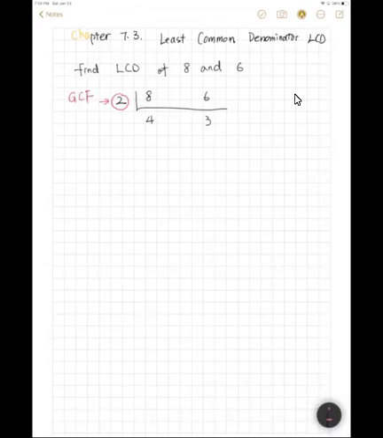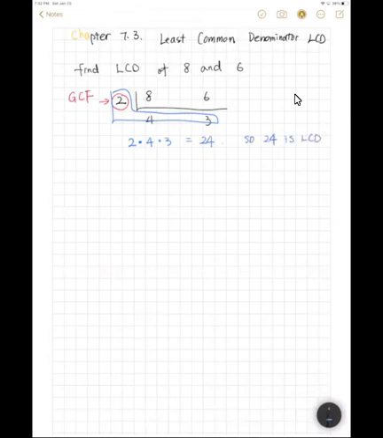Now for the least common denominator, we need to use this whole thing and multiply together. So that would be 2 times 4 times 3, which is 24. So 24 is our least common denominator.